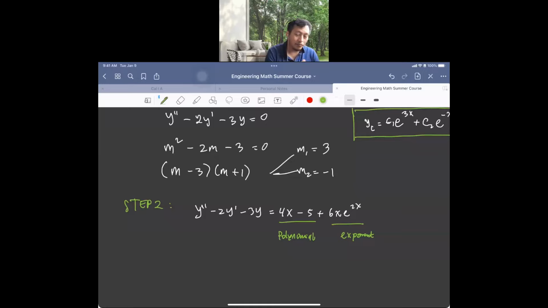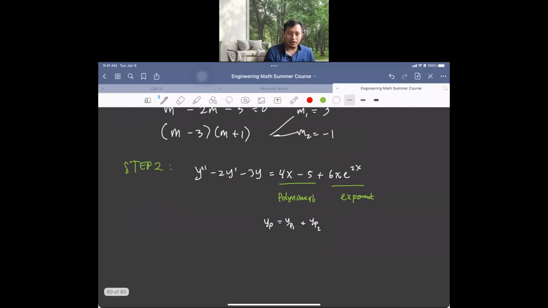So we might have the predictions for the yp. We will have yp1 plus yp2 from the particular solutions. So we can guess.